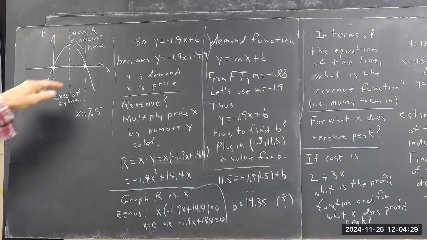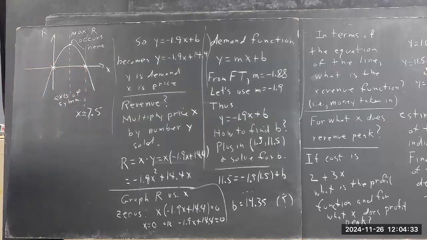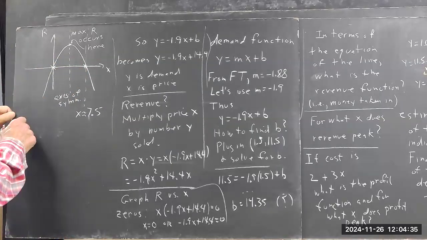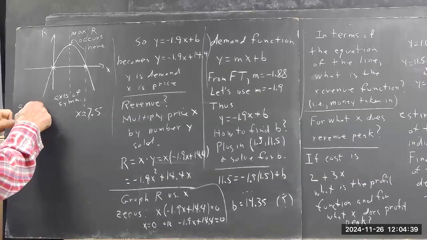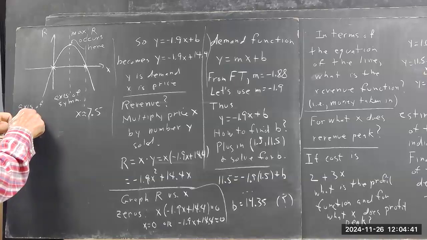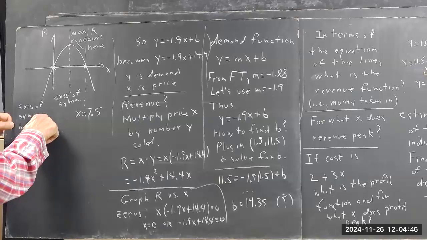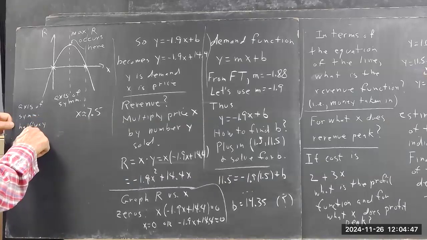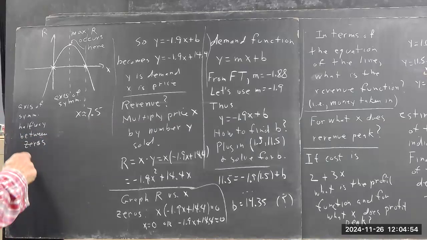Well, that means that this point has to be exactly halfway between these 2 points. It's halfway between the zeros.